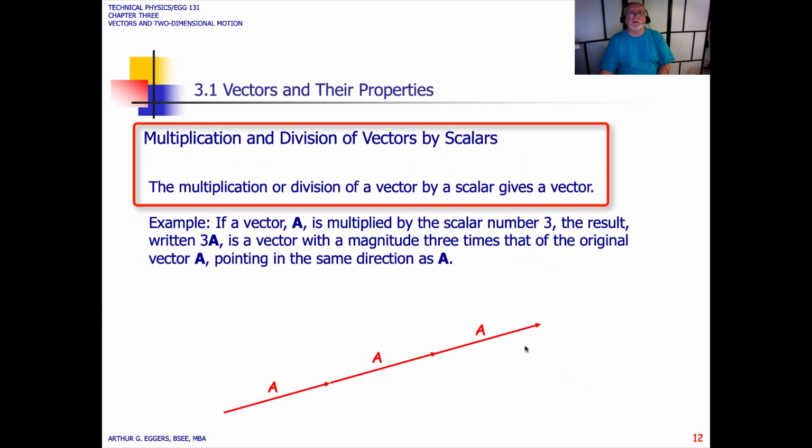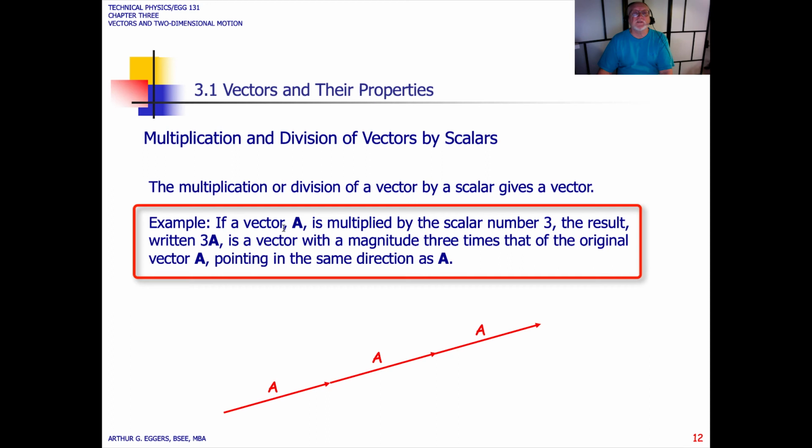If we look at multiplication and division of vectors by a scalar, we're taking a vector and multiplying it by a scalar amount. The multiplication or division of a vector by a scalar amount now gives us a vector, because we've taken the product or the quotient and affected the original vector.